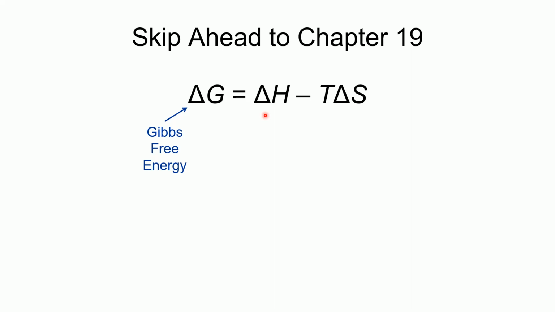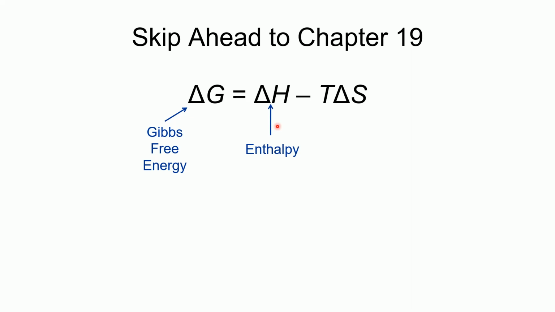As far as delta H is concerned, delta H is the enthalpy, and as you probably recall from the first semester of chemistry, enthalpy is the amount of heat that is either given off or absorbed in a reaction. If delta H is positive, that means the reaction was endothermic.